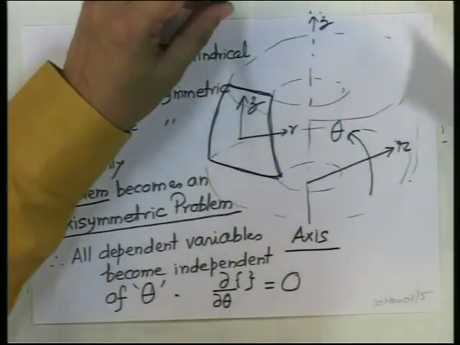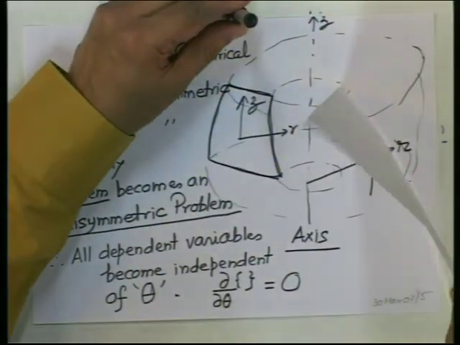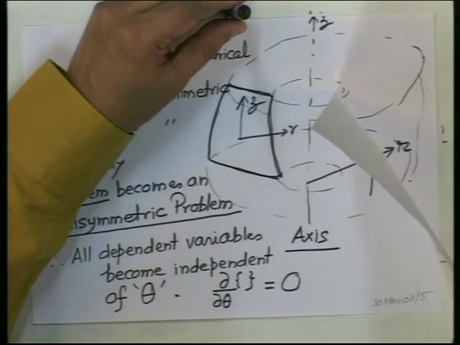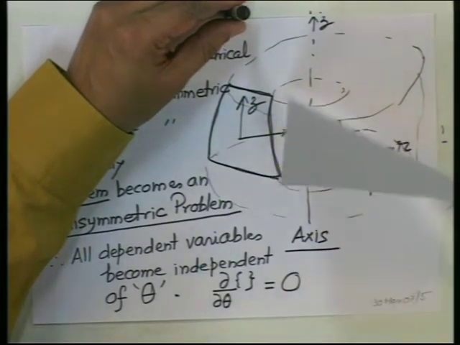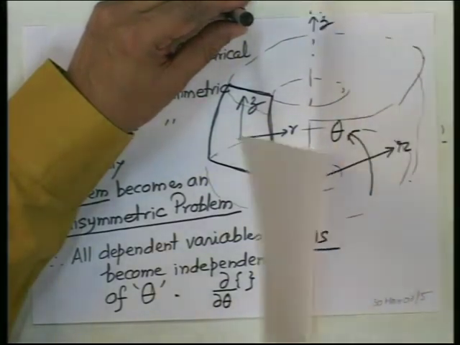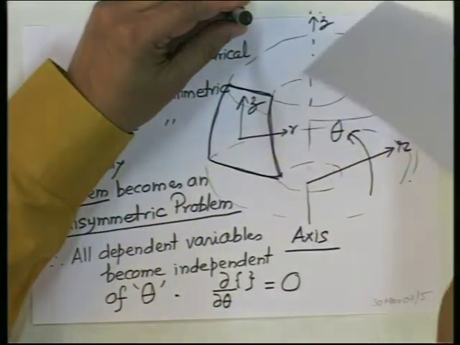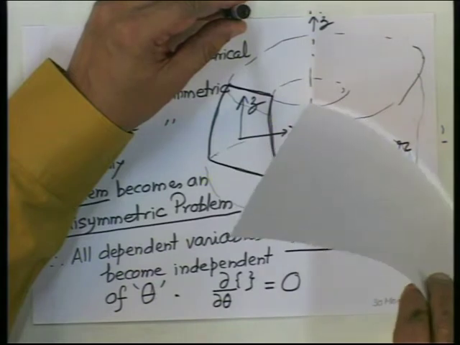The last one I said is the axisymmetric problem. If I have an axis and I have this plane, and rotate this plane around this axis, what will I get? I will get a hollow cylinder. Such a solid is called axisymmetric.